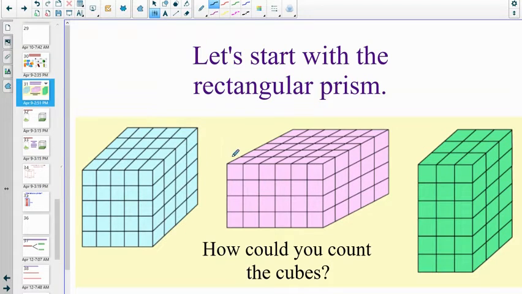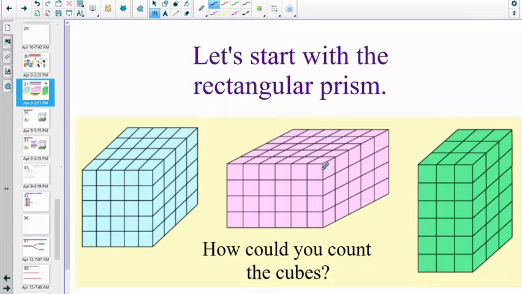That's why our formula for the volume of a prism is going to work the way it does. I'm going to find the area of one of the bases, and then I'll multiply by the number of those layers between the bases. So if I wanted to do this pink one, I'm going to say that the area of this base is 6 by 4.